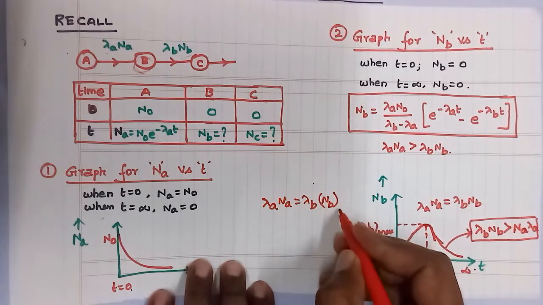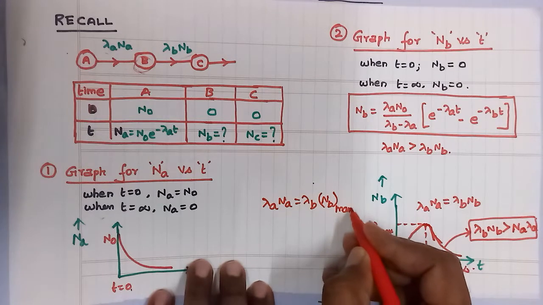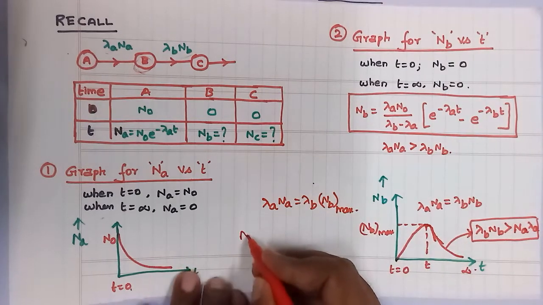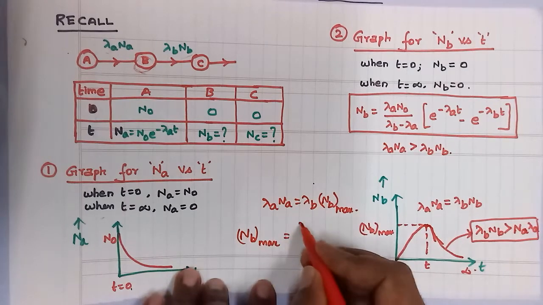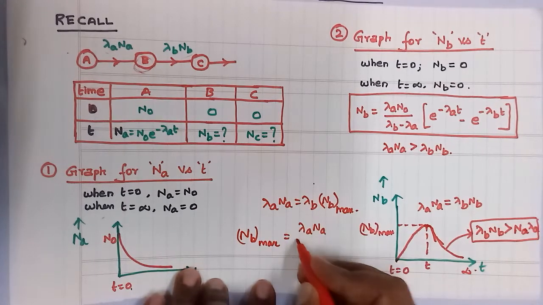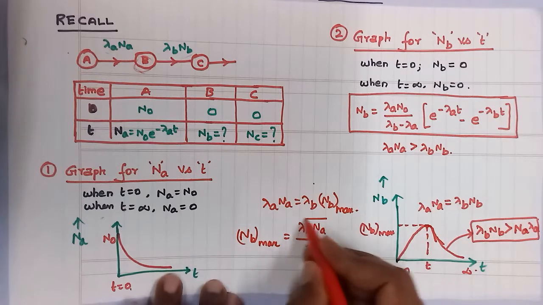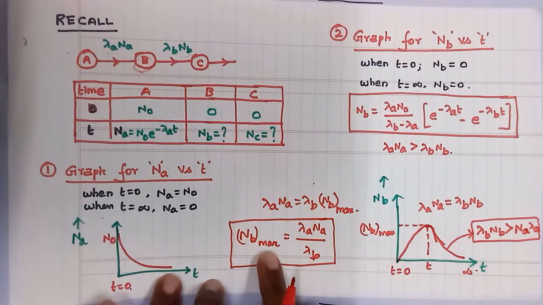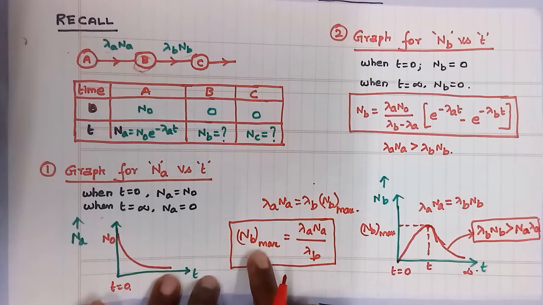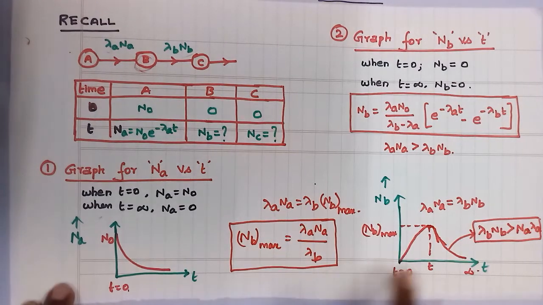At equilibrium, the number of nuclei in B will be maximum. So NB maximum can be written as lambda A NA by lambda B. This is the formula to find the maximum number of nuclei present in the element B at a time T.